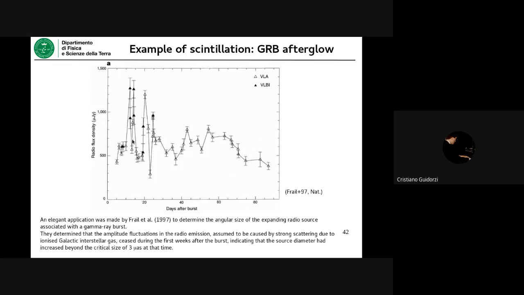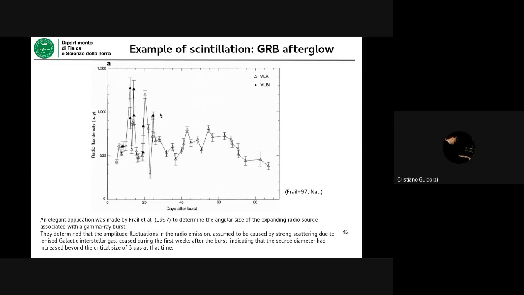But in this way, the reason that explains why at some point the scintillation stopped is that you have a source which is expanding, and at some point its angular size is no longer negligible with respect to the critical angular size.